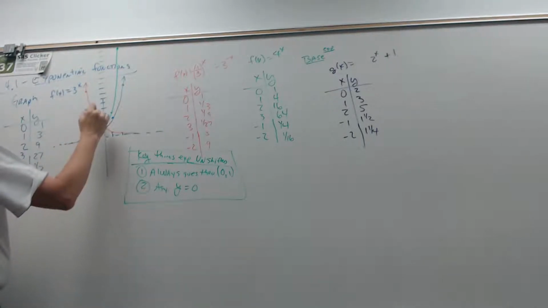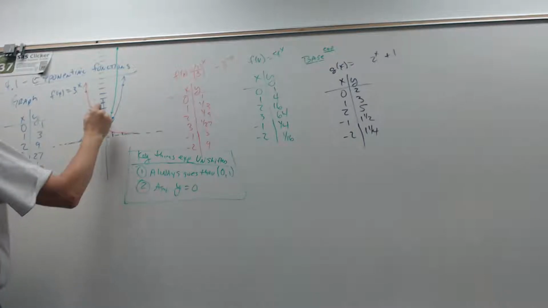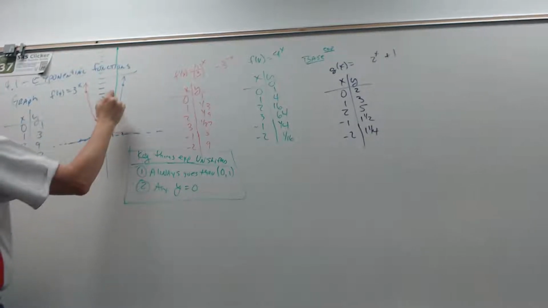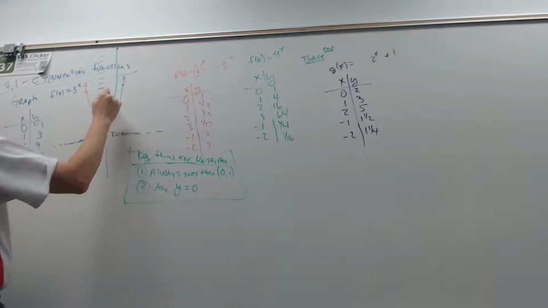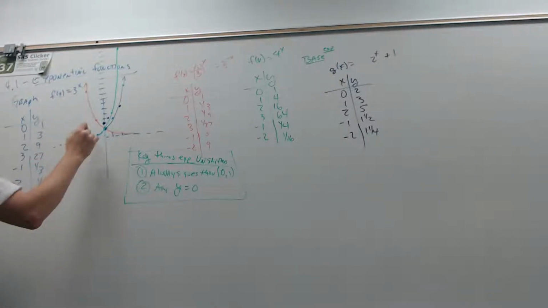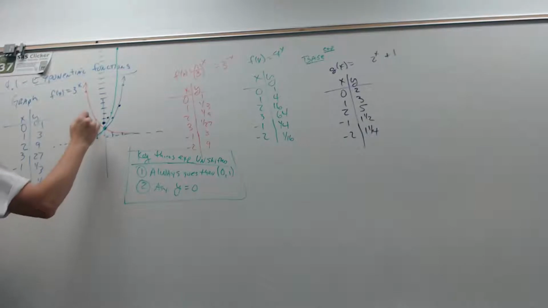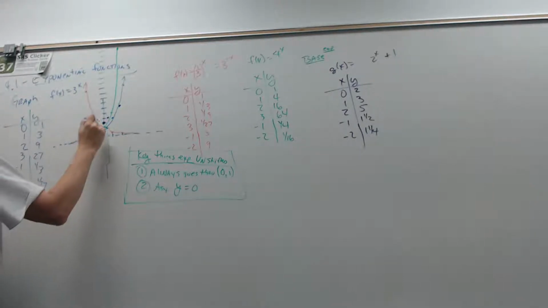And 2, 5. Is that right? I don't think I have a very good scale on here. Negative 1, 1.5 is going to be about right here, and 1 1/4 is right there. Okay, so that's enough information, right?